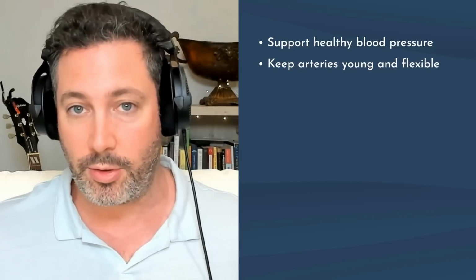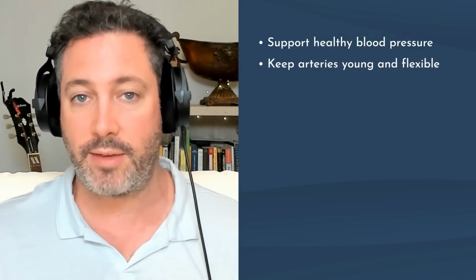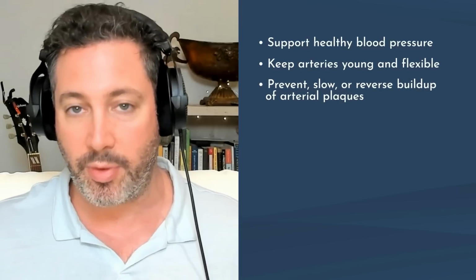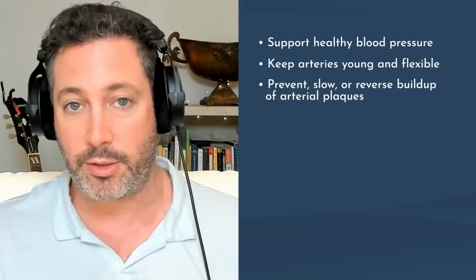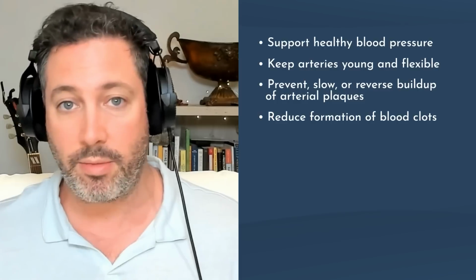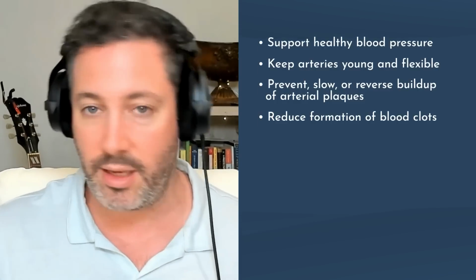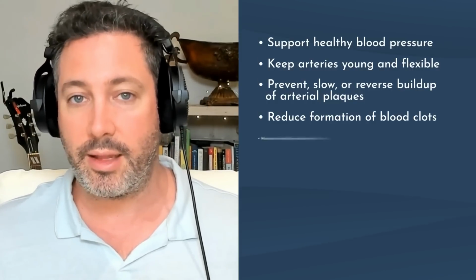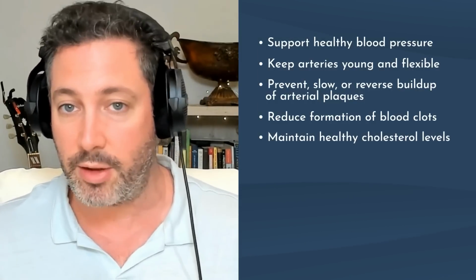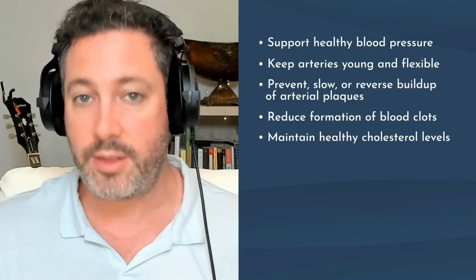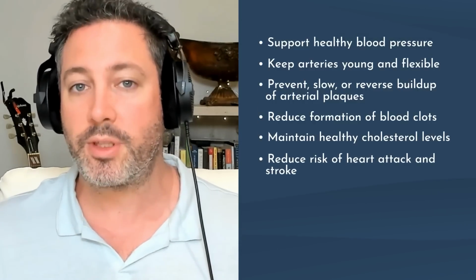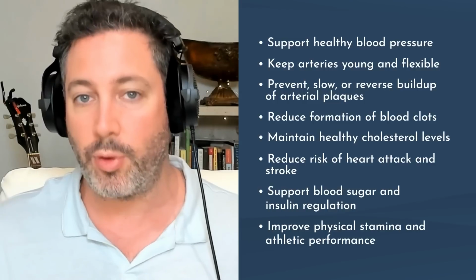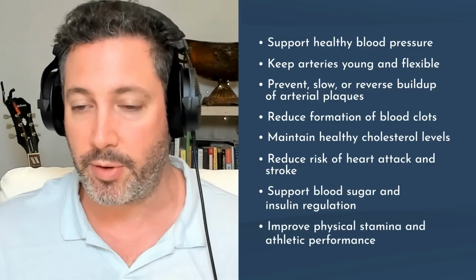Your arteries can also stay more young and flexible with the presence of nitric oxide, and arterial plaques are also prevented by good levels of nitric oxide. We can reduce the formation of blood clots, which is huge in many diseases and alterations of the circulatory system, and it can also help with healthy cholesterol levels, reduces the risk of heart attack, supports blood sugar and insulin regulation, and overall improves physical stamina and athletic performance.